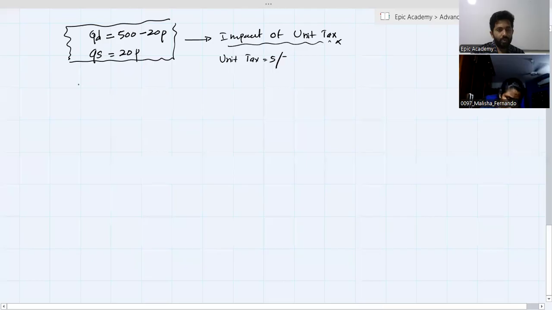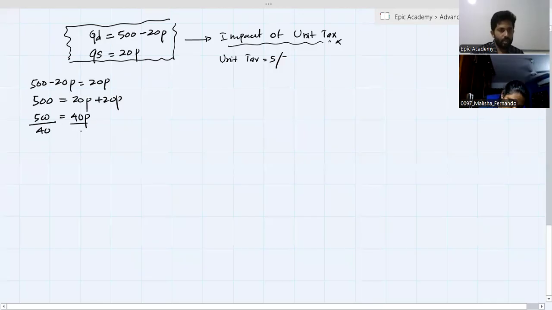First of all, we are going to identify the equilibrium values before the taxes. That means 500 minus 20p must be equal to 20p. So then 500 must be equal to 20p plus 20p. So then 40p equals 500.